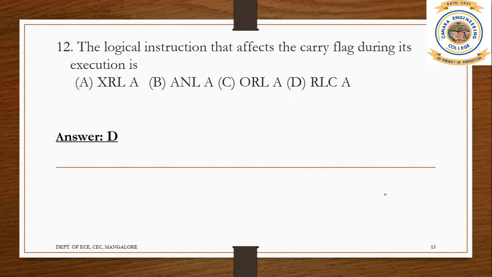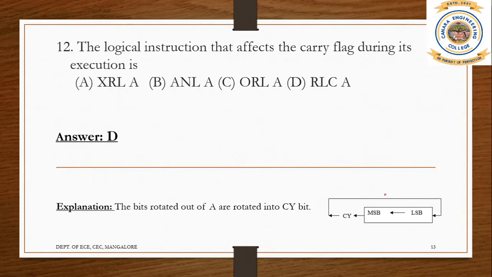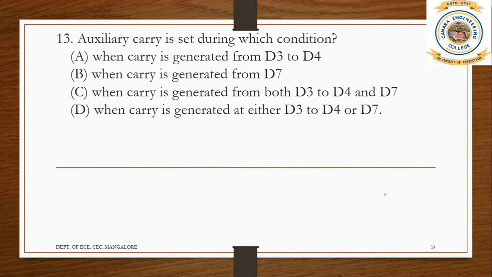From the instruction, it is explicitly clear that the answer is option D, because when you rotate left through the carry flag, the MSB of the accumulator is transferred to the carry flag. So if the carry flag was 0 and the MSB was 1, after the rotation the carry flag will have the value 1. So the carry flag will be altered.